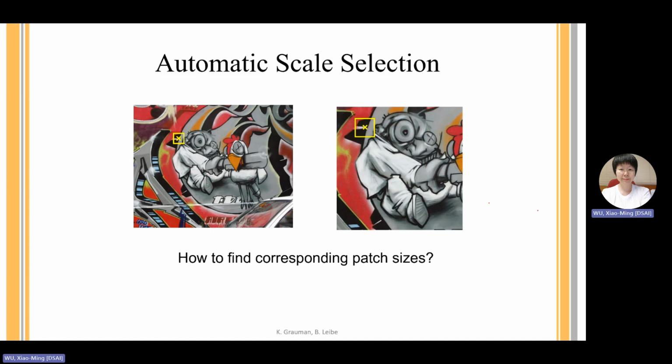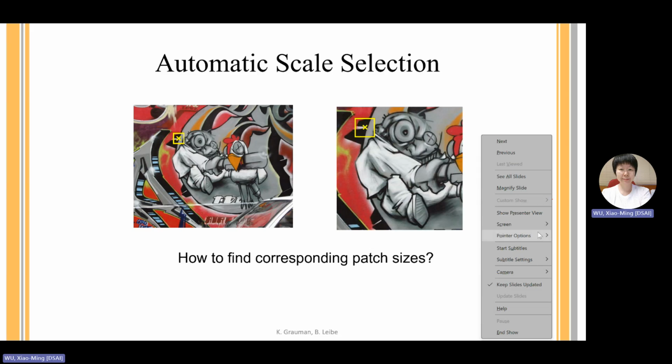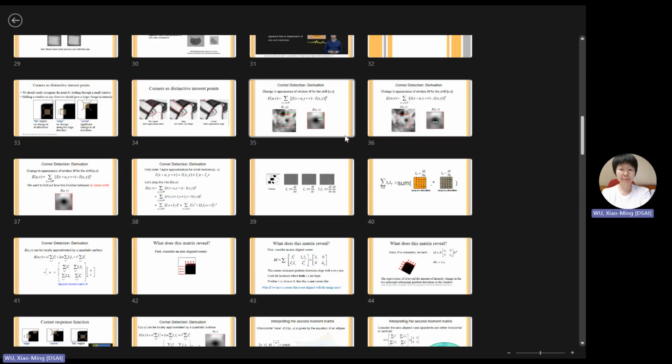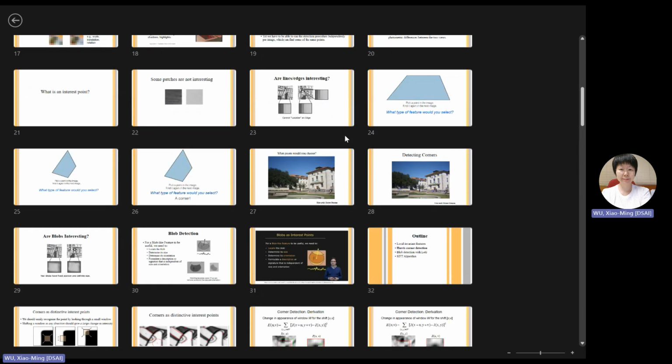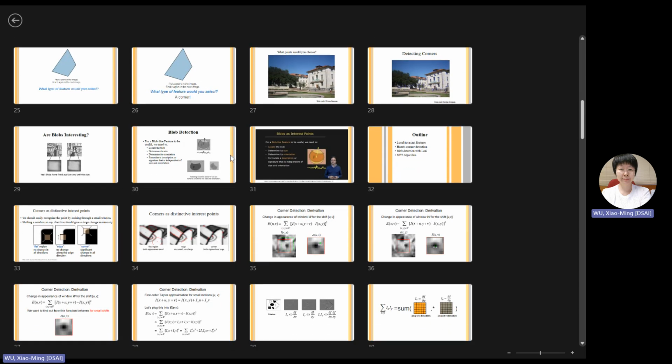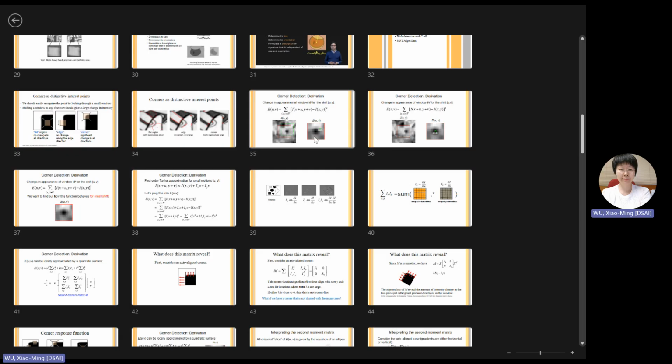Okay, so how to do corner detection? Well, to do corner detection, we examine the gradients or derivatives within a window. We examine the changes in image content if we move the window towards some direction.